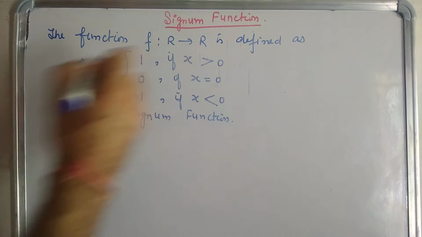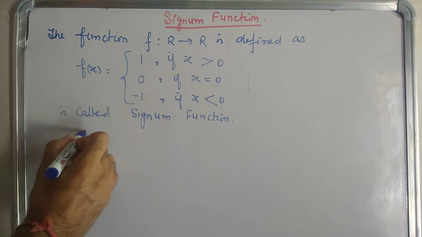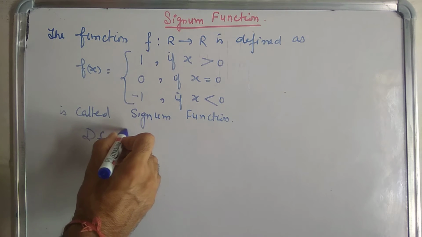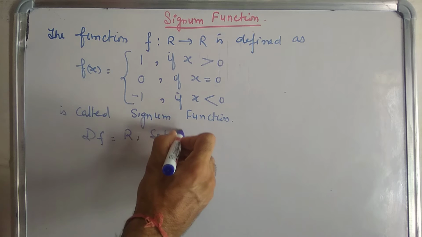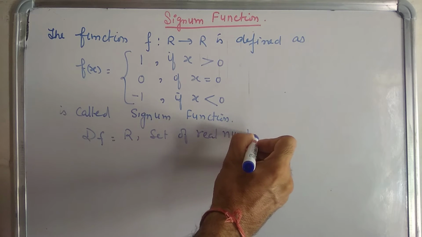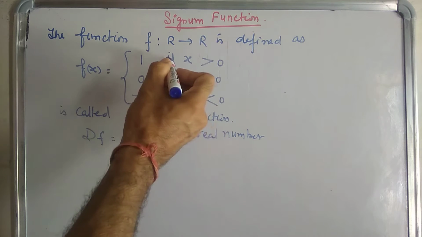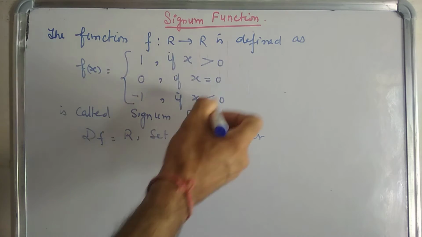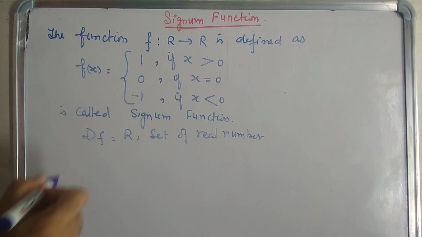So it is a very important function. Now see the domain. The domain of the function is the set of real numbers, all the numbers, because x is greater than 0, x is 0, x is less than 0, so it covers all the real numbers.